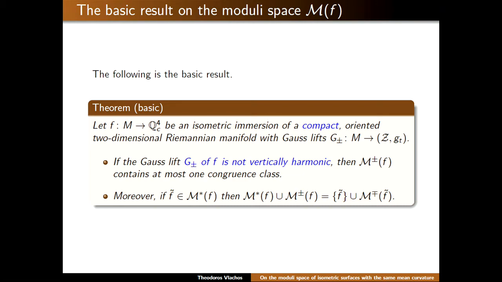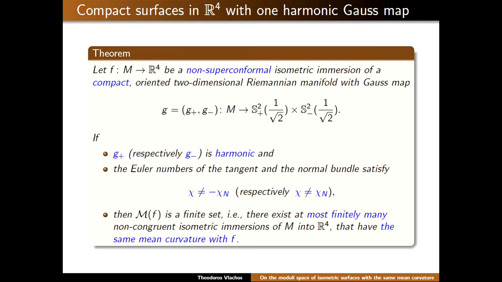The basic result is this theorem, which says that for compact surfaces, if one of the Gauss lifts, G plus or G minus, is not vertically harmonic, then the plus or minus component of the moduli space contains at most one surface, at most one congruence class.